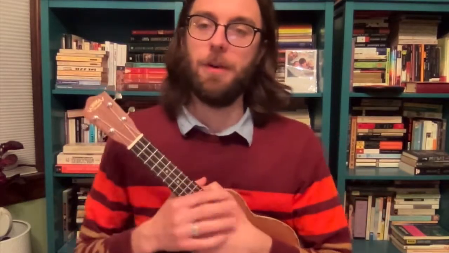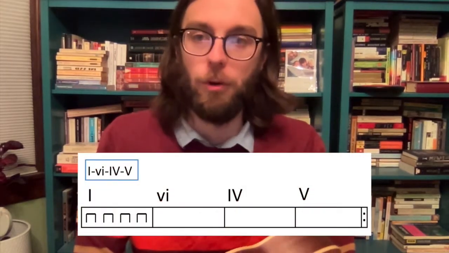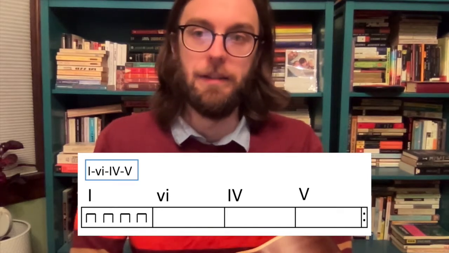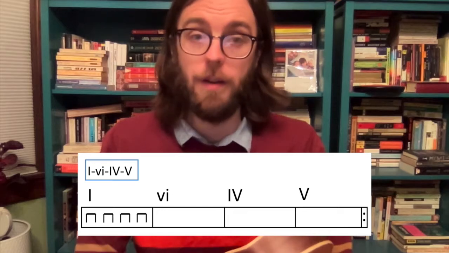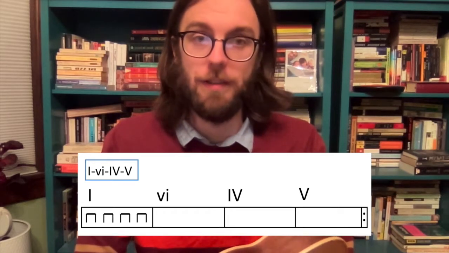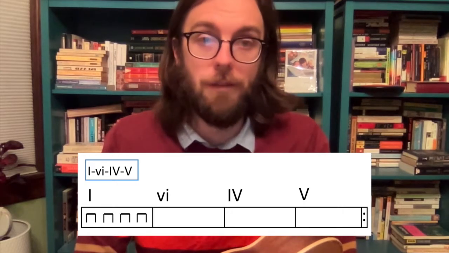Okay, the next progression we're going to go through, this is often referred to as the 50s progression, or the doo-wop progression. It is 1, 6, 4, 5. So it's using that minor 6th chord in there, along with the 1, 4, 5 chord.